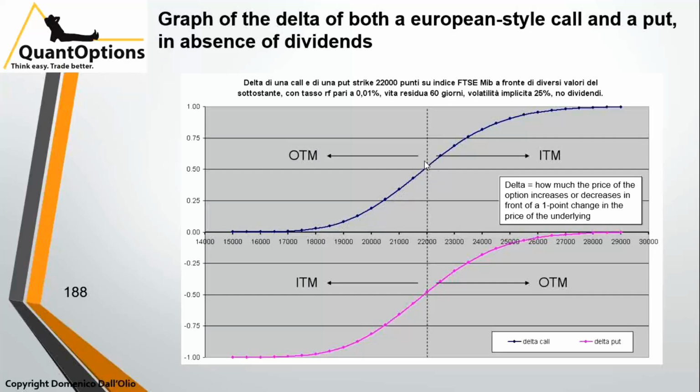When we get to the strike price, the delta is more or less equal to 50%. It's not exactly 50% because it depends on specific situations. And what happens in the moment that the option becomes in the money, when we get into the right-hand side of the chart?